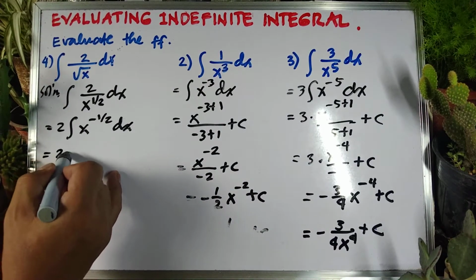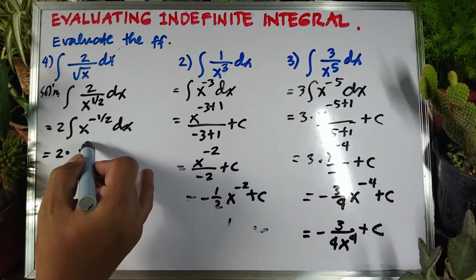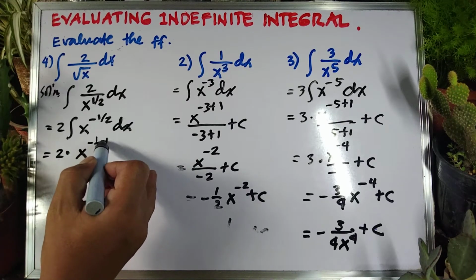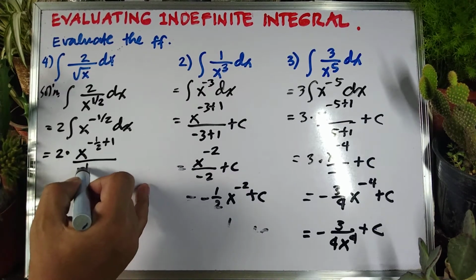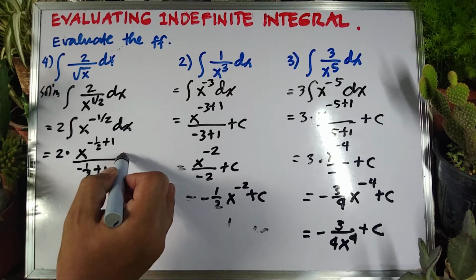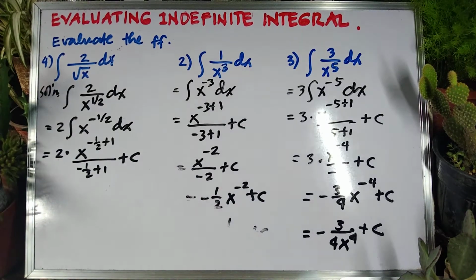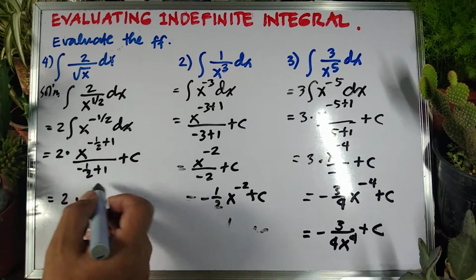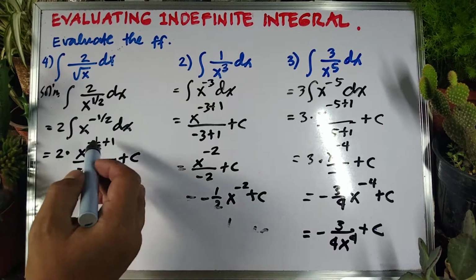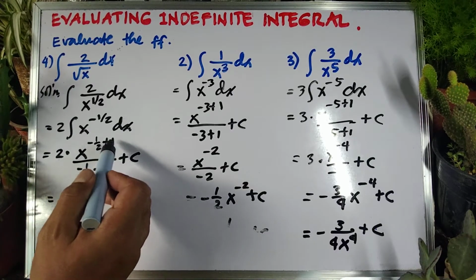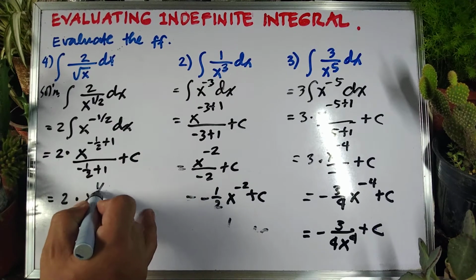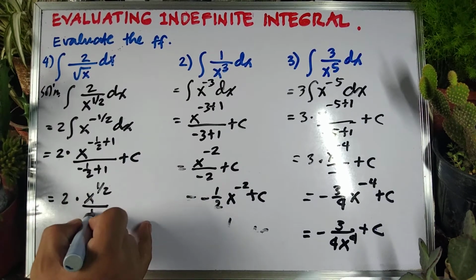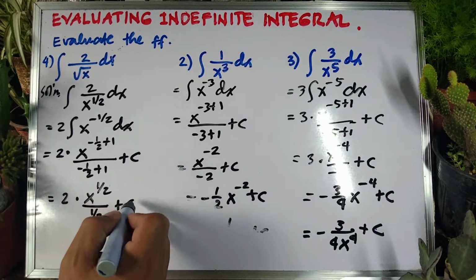Just copy 2 times x to the negative 1/2 plus 1 over negative 1/2 plus 1 plus c. Okay? So, you still copy 2 times x. What is negative 1/2 plus 1, or 1 minus 1/2? That is simply 1/2 over 1/2 plus c.